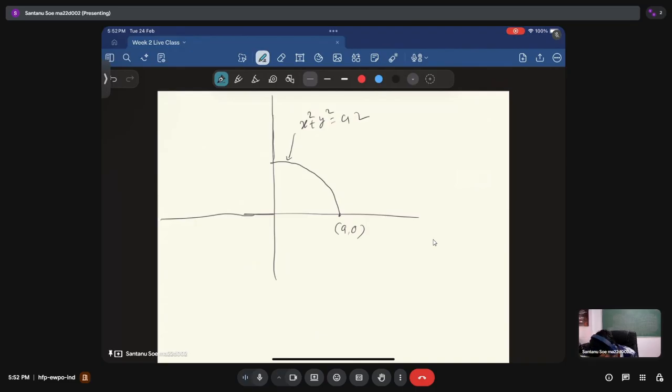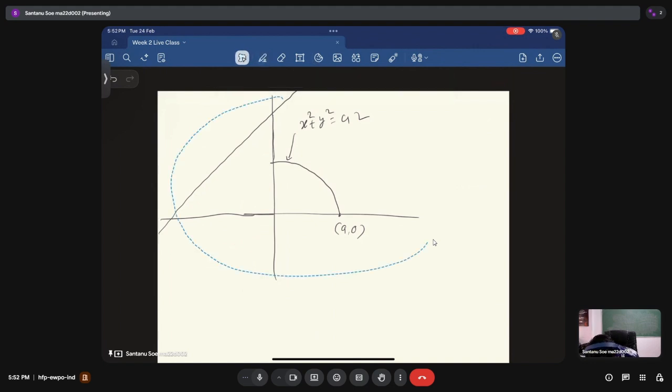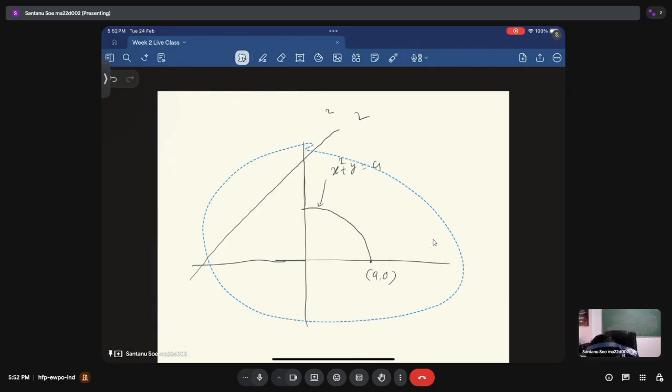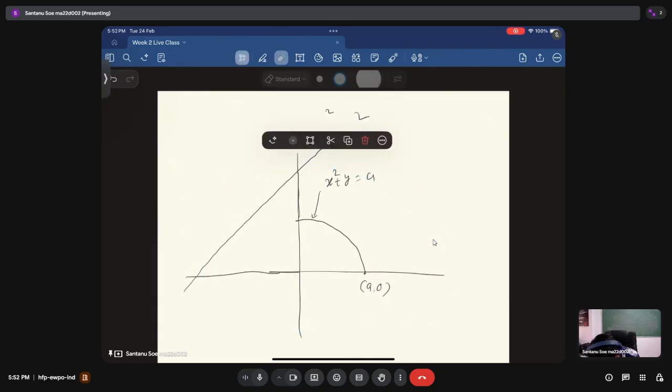And then we have to draw the line y equals x plus 3a. So this is gonna be somewhere here. Okay. So let us draw it here.